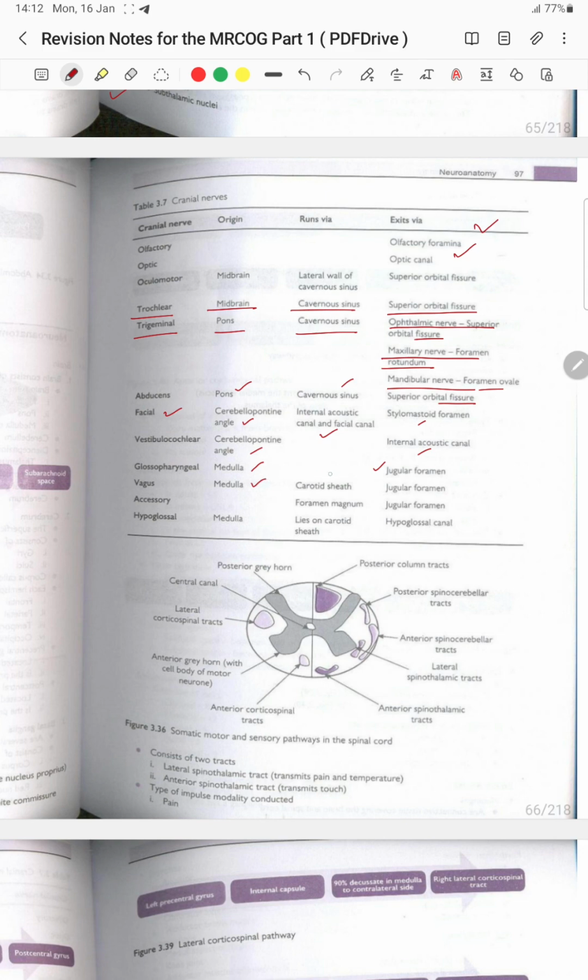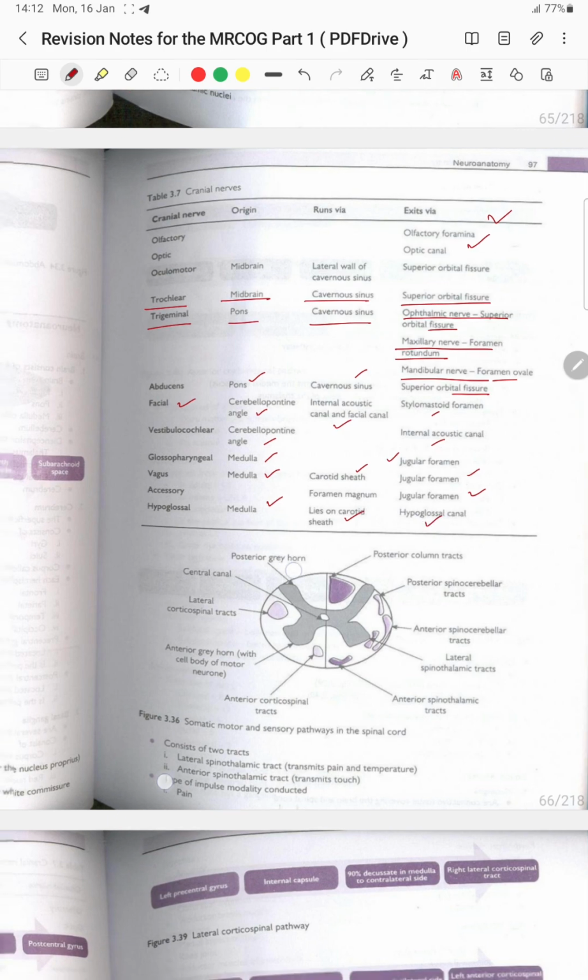Similarly, the vagus originates from the medulla, travels by the carotid sheath, and exits by the jugular foramen. The accessory runs by the foramen magnum and hence by the jugular foramen. And the hypoglossal originates from the medulla, lies on the carotid sheath, and exits by the hypoglossal canal.